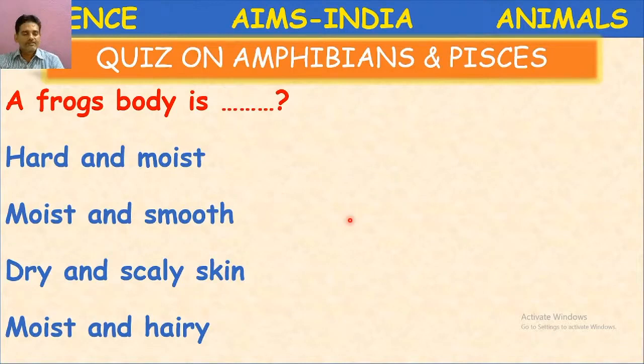Yes, it is moist and smooth. Moist and smooth, so that it can undergo respiration. When it is in water, a frog respires through skin. To respire through skin, the skin must be moist and smooth.